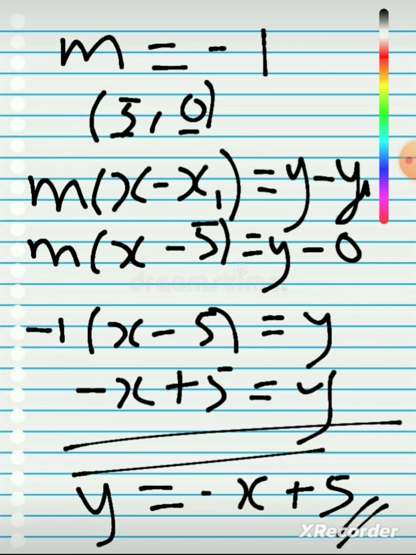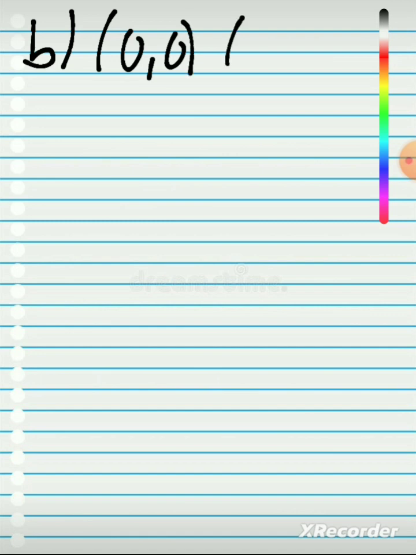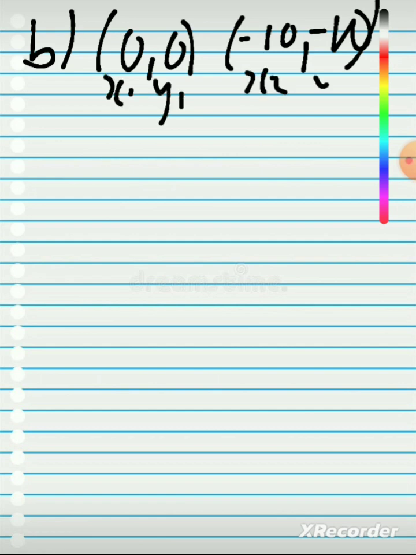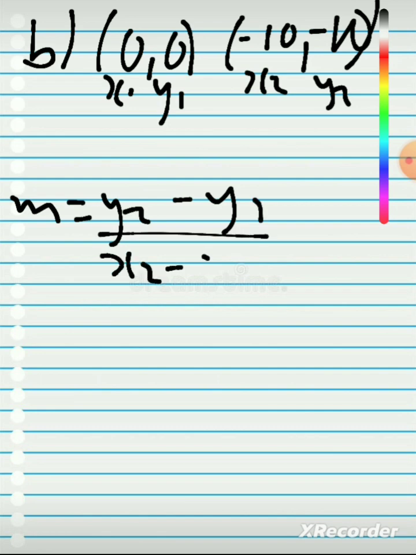Okay, so we go to b. So b, we have 0, 0 and negative 10, negative 10. So this is x1, y1, x2, y2. So find the m first. m is equal to y2 minus y1 over x2 minus x1.